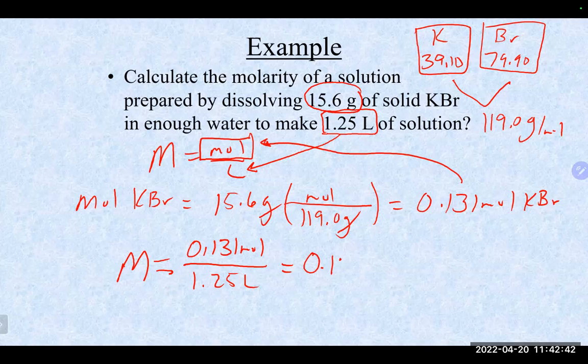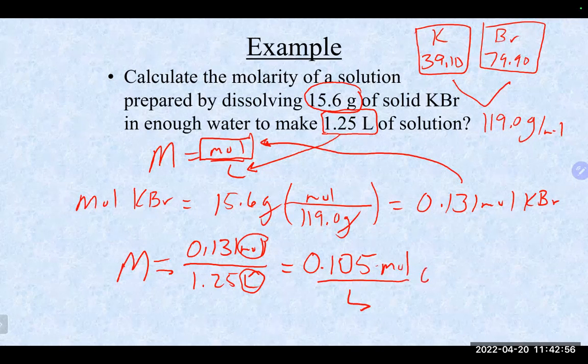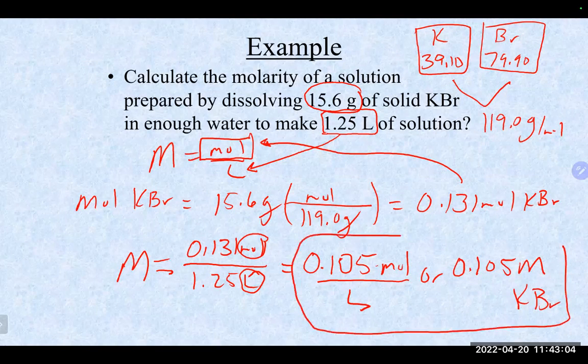Now, in terms of units here, they do not cancel. So they still are there. So you could write it one of two ways. You could write moles that goes with the number over liters, or you could write 0.105 big M and maybe like a KBr there to make it all nice.